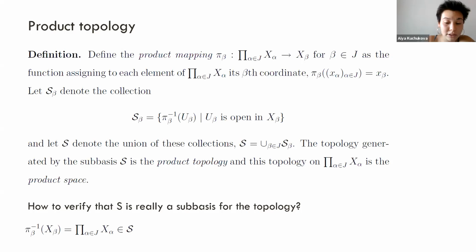I forgot. When we say subbasis, the subbasis is basically like a usual basis, but it's supposed to be finer than another basis, or what was it? A subbasis is a collection of subsets of X whose union equals X. Okay, sure.